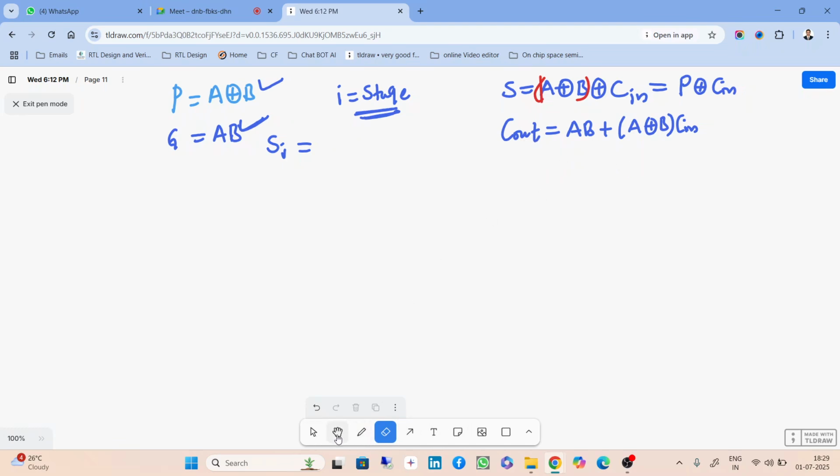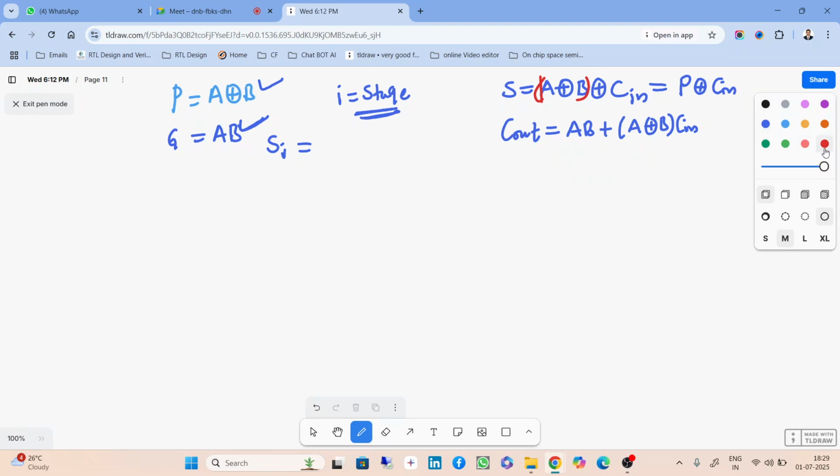So from this you can say this one I can write as G, generate, and this one as P into Cin. So if you substitute, Cout equal to G plus P into Cin. Can I write? Yes, sir.